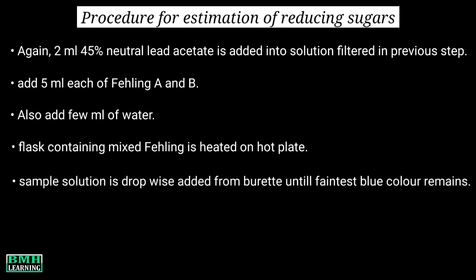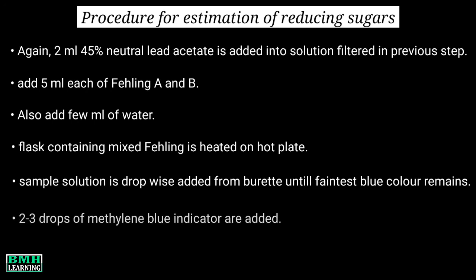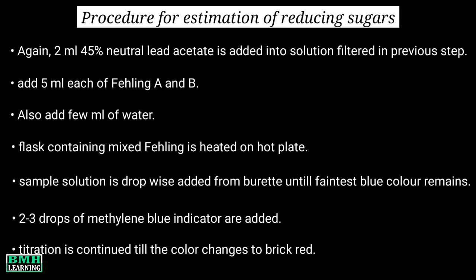The sample solution is added dropwise from the burette until the faintest blue color remains. Then 2 to 3 drops of methylene blue indicator are added. Titration is continued till the color changes to brick red. At the end point, note the readings and calculate the reducing sugars.